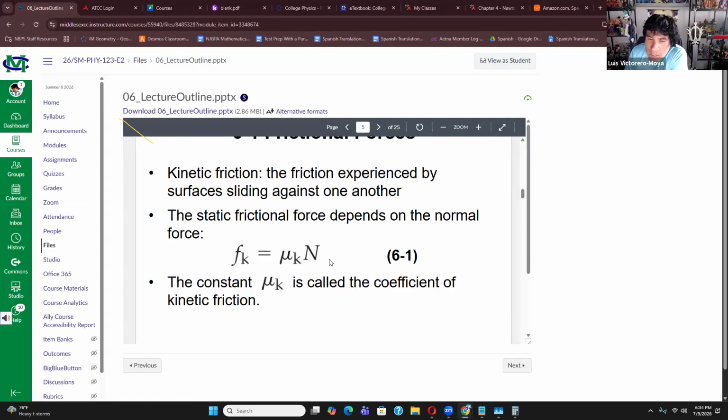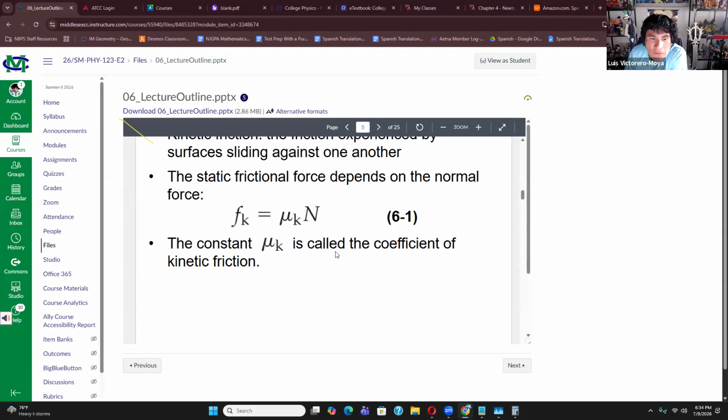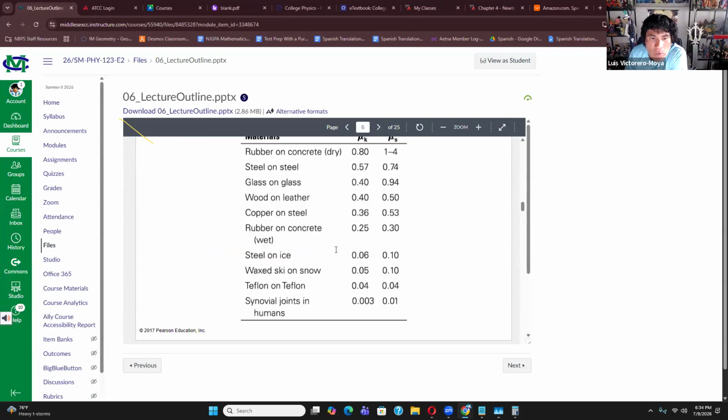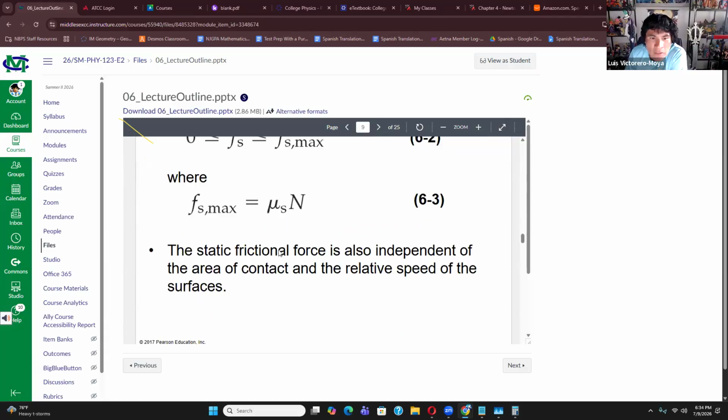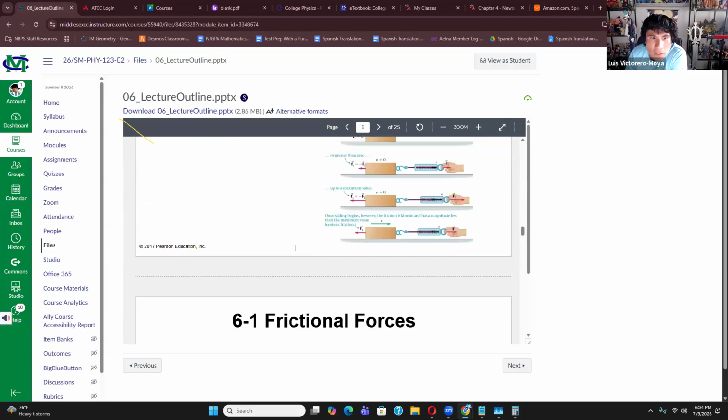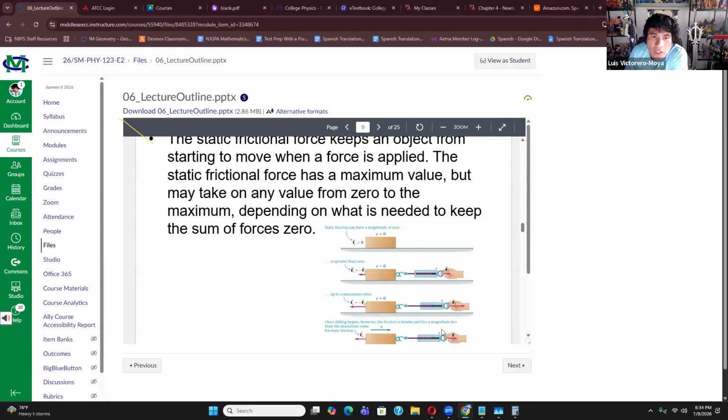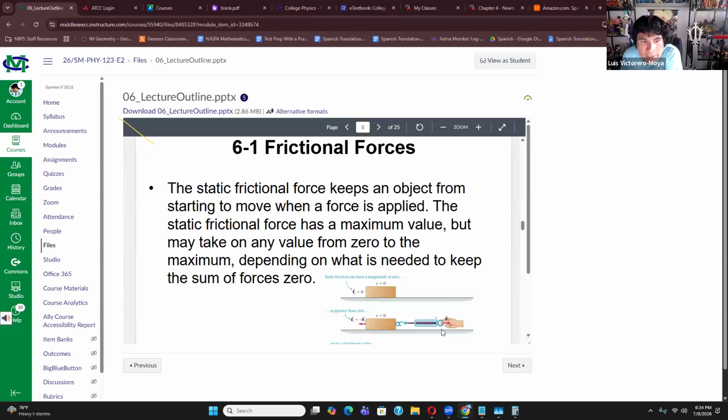Now, why do we have kinetic friction and why do we have static friction? The static friction is what keeps an object from starting to move. And the best example is from home. Imagine you trying to move furniture at home.